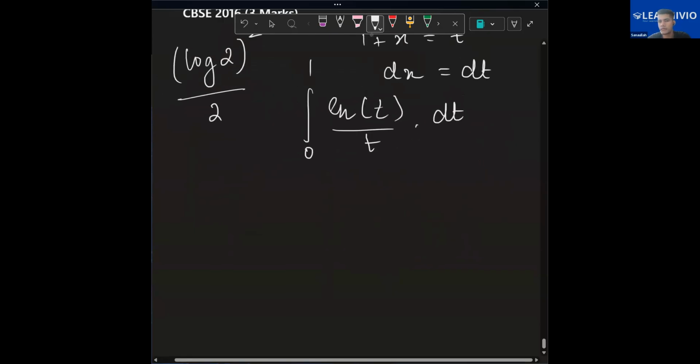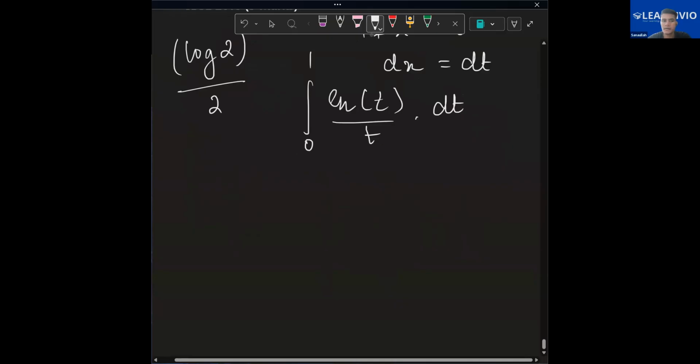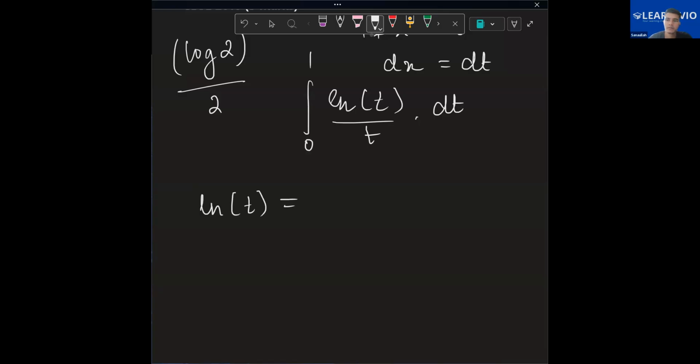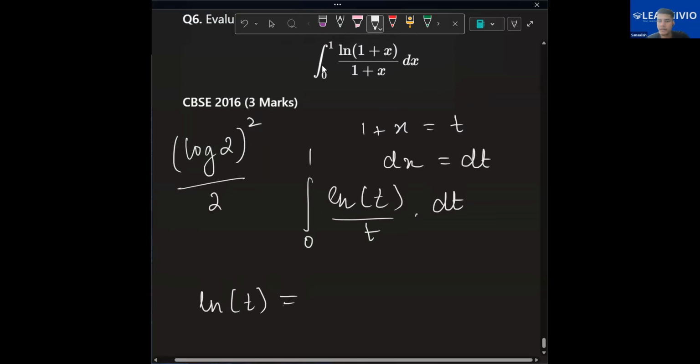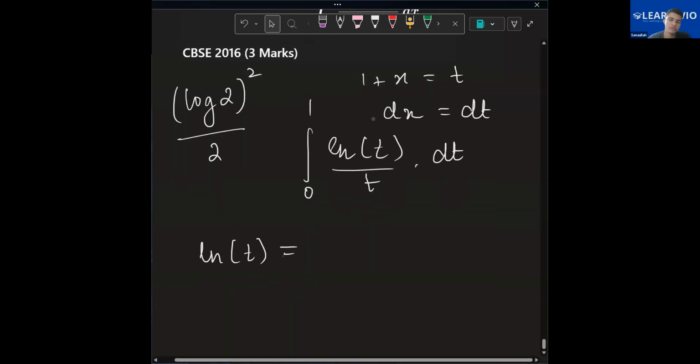Now what you will do, इसमें आप दो बार इन्वोक करोगे, राइट? इसके बाद आप ln t को कुछ सब्स्टिट्यूट करोगे, क्योंकि यहाँ पे आपका लिमिट भी तो चेंज होगा। 0 पुट करोगे तो t is 1 और 1 पुट करोगे तो t is 2. दिस इज 1 2.